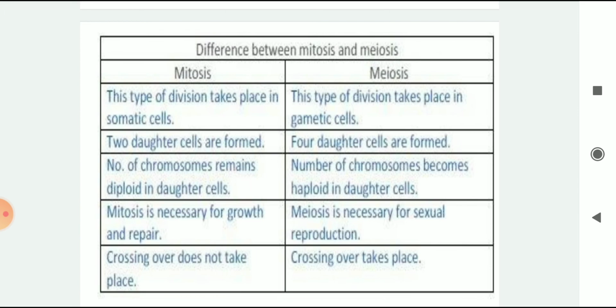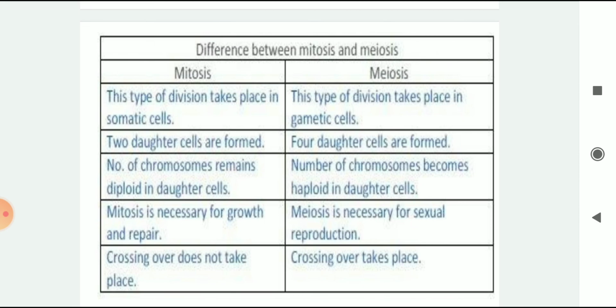In mitosis 2 daughter cells are formed and in meiosis 4 daughter cells are formed. In mitosis the number of chromosomes remains diploid in daughter cells, and in meiosis the number of chromosomes becomes haploid in daughter cells. Mitosis is necessary for the growth and repair of body. Meiosis is necessary for sexual reproduction.